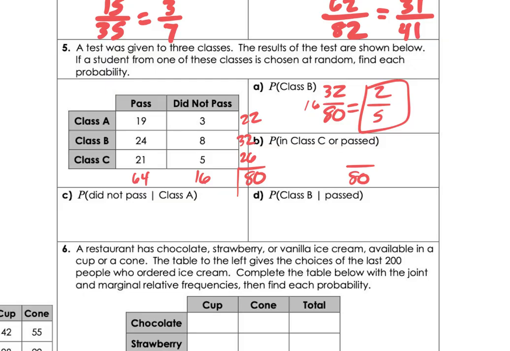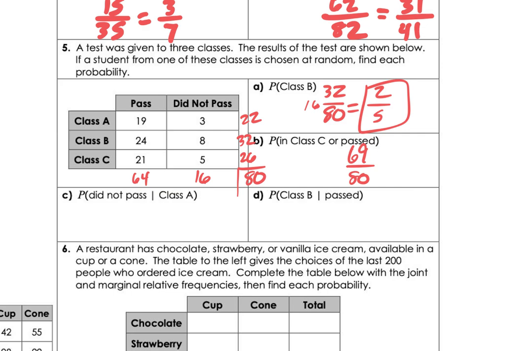So that's whenever it's or, there's a lot more possibilities. So basically it's everybody except for these 11 people. These are the 11 people that don't fit either one of those categories. And so that gives me 69 out of 80, which does not reduce, so that would be my answer, okay? That's different. The one we did up above was and.